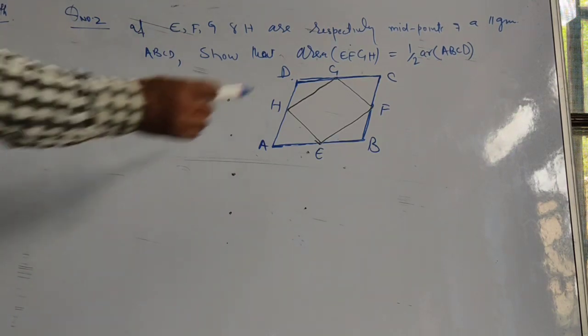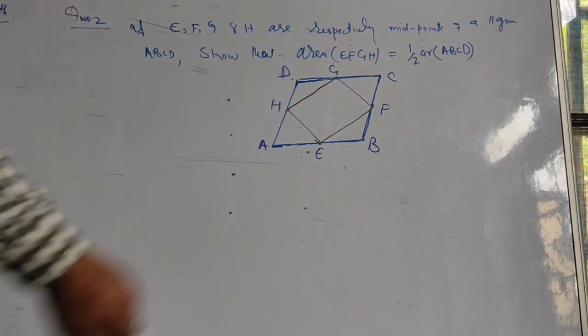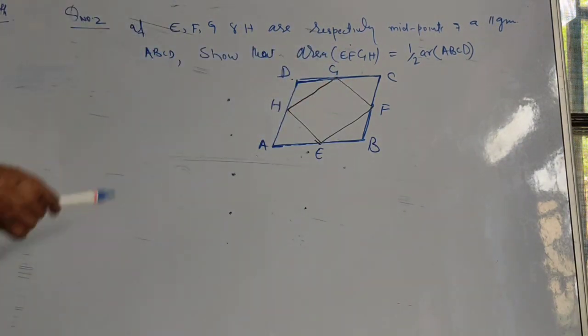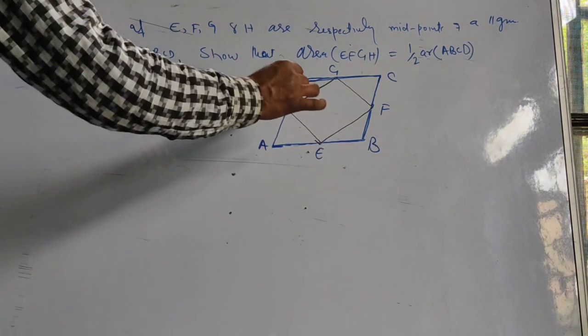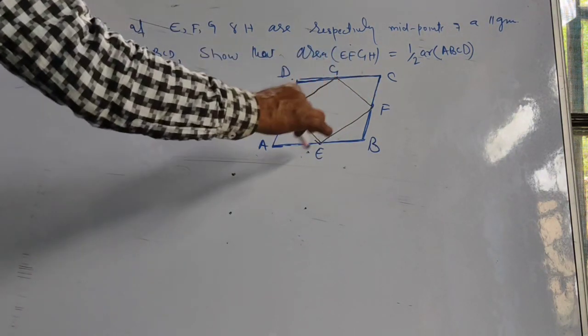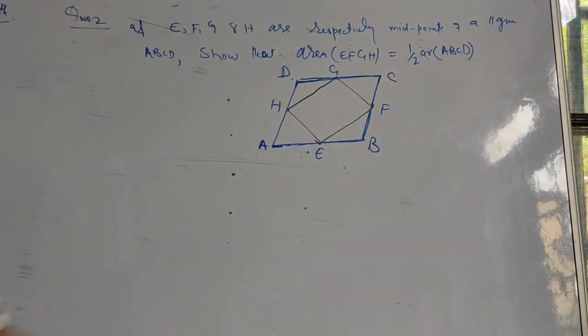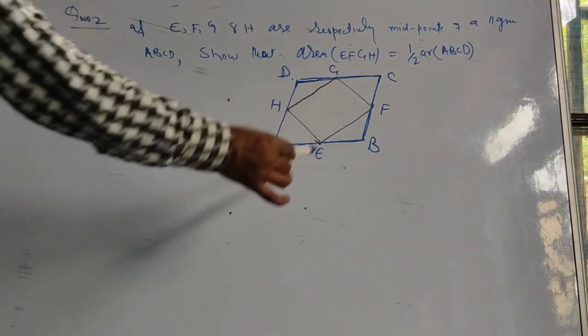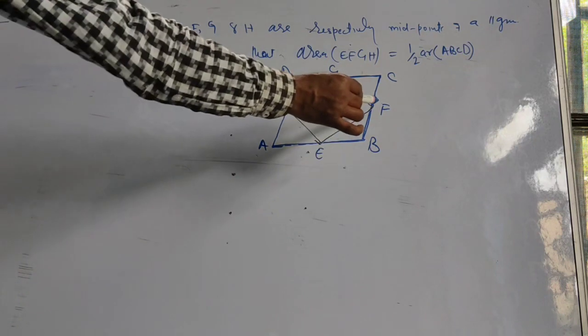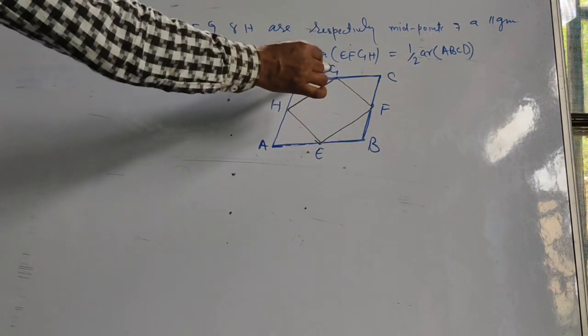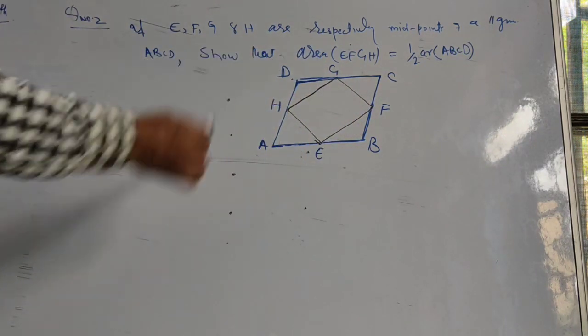Since ABCD is a parallelogram, its opposite sides are equal. This means AB parallel CD and AB is equal to CD. BC is equal to AD. E is midpoint of AB, F is midpoint of BC, G is midpoint of CD, and H is midpoint of AD.